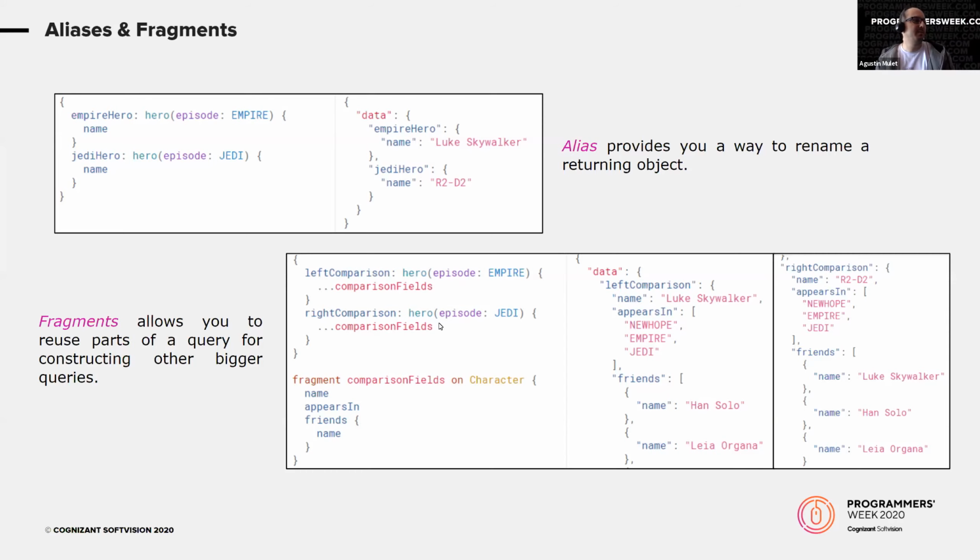In this case, name appears in friends and the name of each friend. Yep. We'll be using fragments in a later query, so you can check how it's working. It's like a way to group some fields to query.